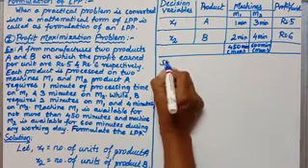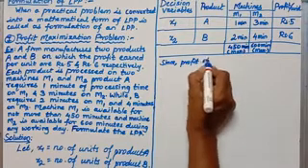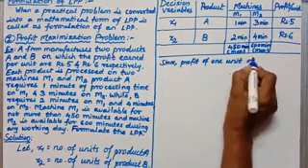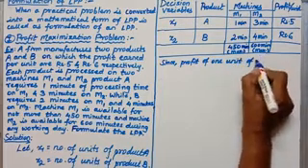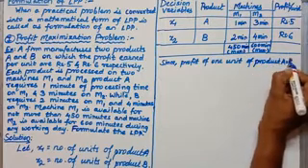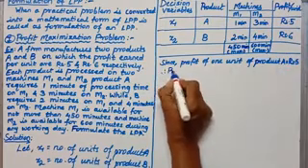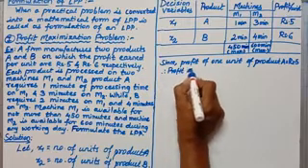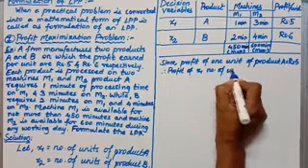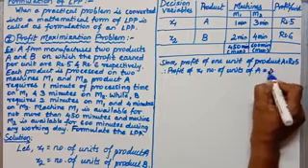Since the profit of 1 unit of product A is rupees 5, therefore the profit of x1 units of A equals 5x1.